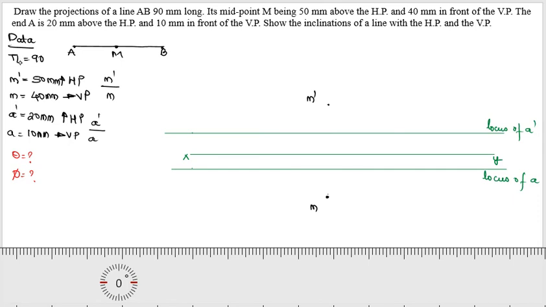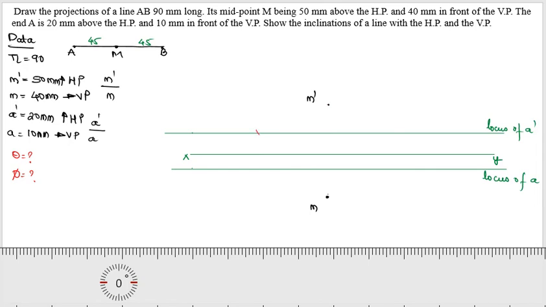Now if I want to locate the point A, this will be 45 millimeter on this side, and again 45 millimeter on the other. In the compass, you have to take 45 millimeter, keep the center of the compass at point M dash, and cut an arc somewhere here on this line.